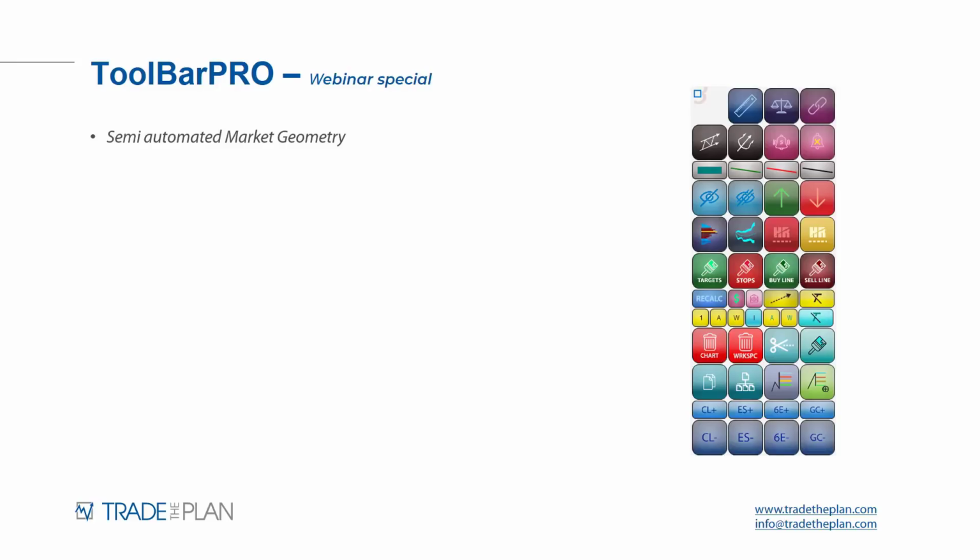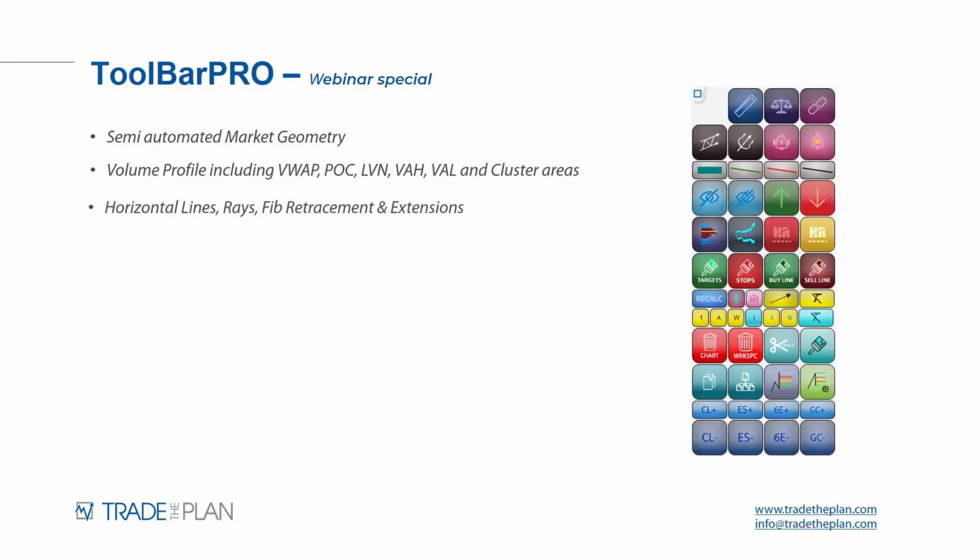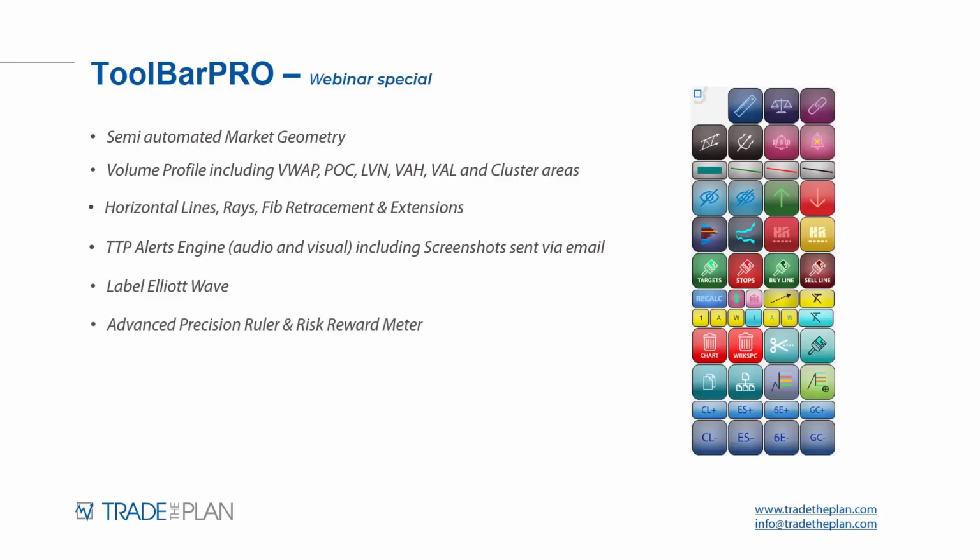Included in the toolbar is of course the semi-automated market geometry, the volume profile for minute, daily, and tick charts, horizontal lines, rays, Fibonacci retracements, and extensions, the TTP alerts engine, including audio and visual alerts, including screenshots sent via email. You can label Elliott Wave quickly and efficiently, the advanced precision ruler and risk-reward meter.